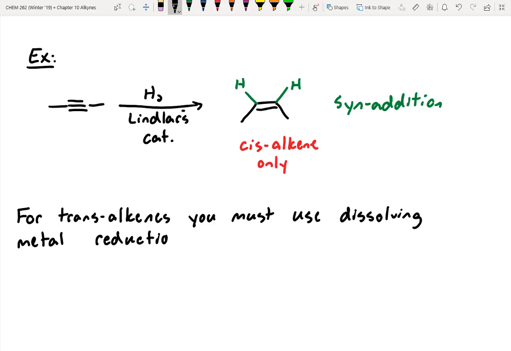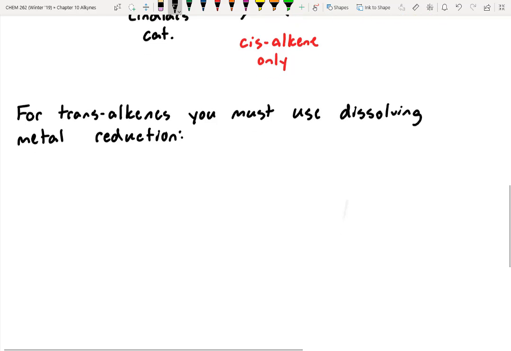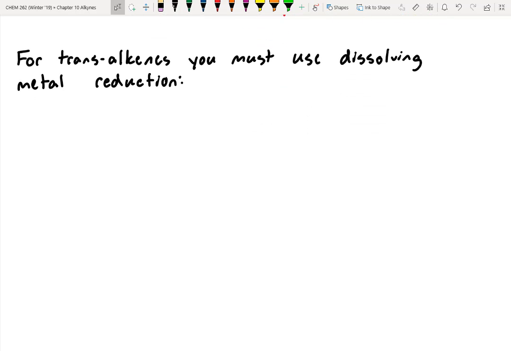And this is the one where you don't need any additional source of hydrogen. So I'll show you this one as well. We'll actually cover this reaction a bit more when we get into radical chemistry. But let's say we have this internal alkyne that we were working with before.